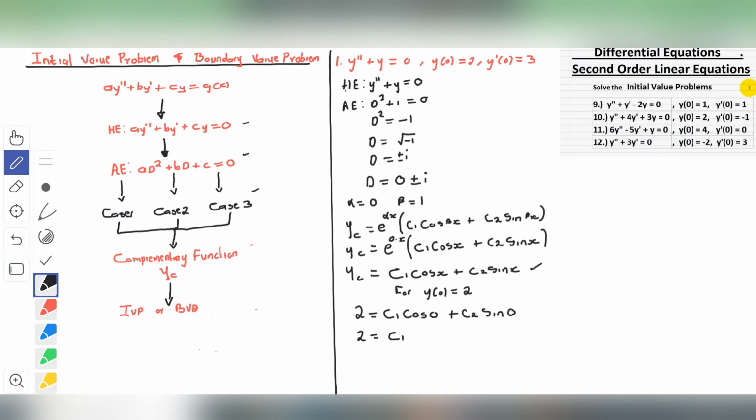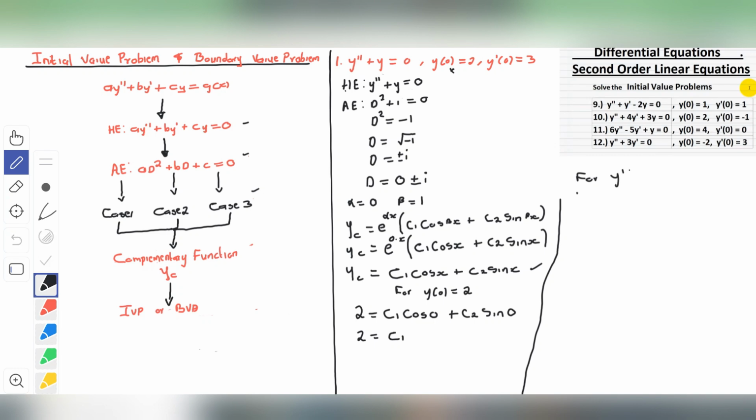Now we need to find C2. So how are we going to find C2? Remember, we're not done. We already used these points, so now we need to use the other one.